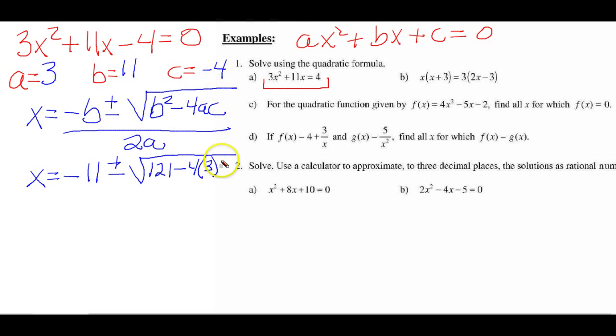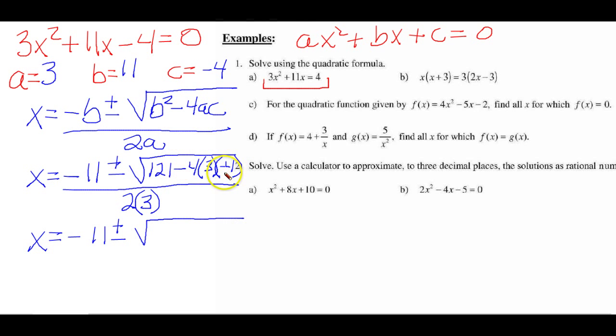A 3 and then a negative 4. And all of that is going to be over 2 times a, which is 3. So now we simplify. Negative 11 plus or minus the square root.